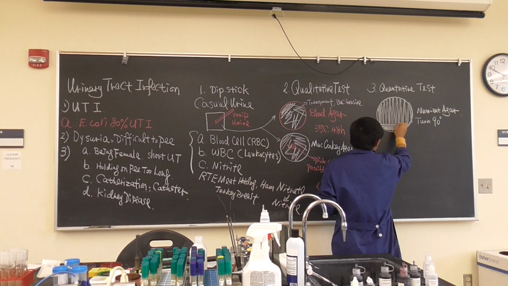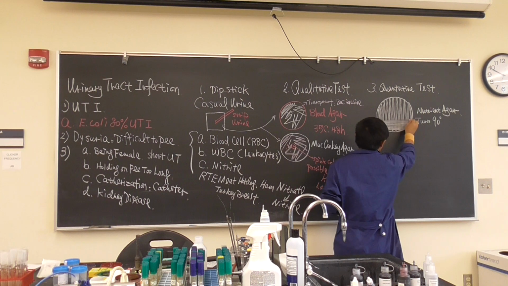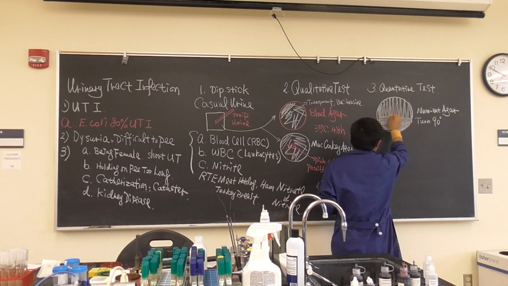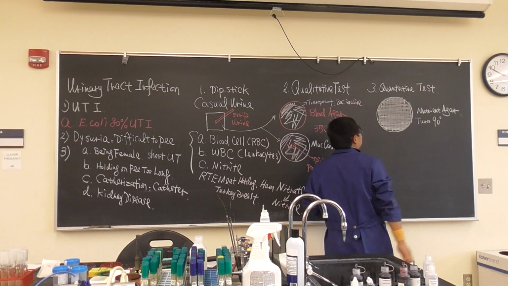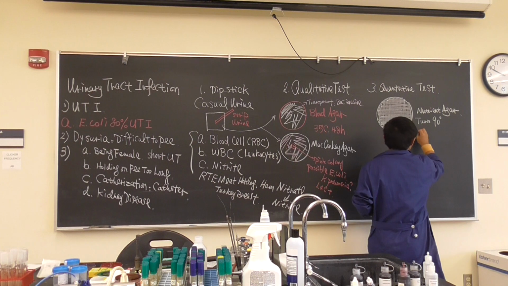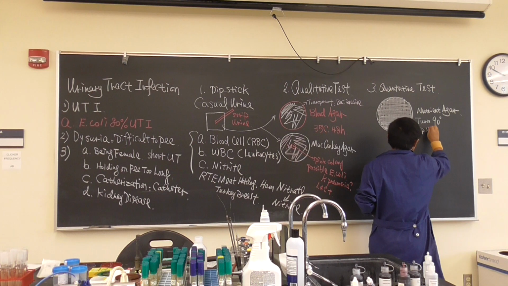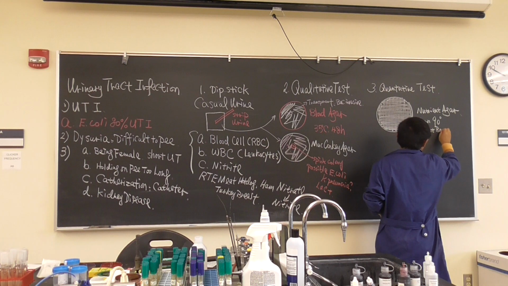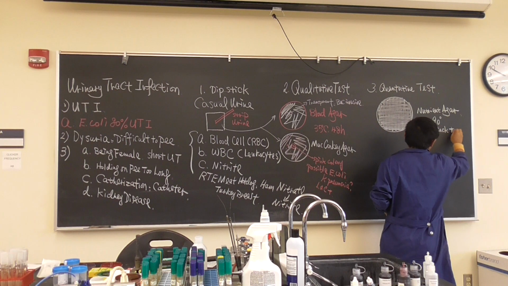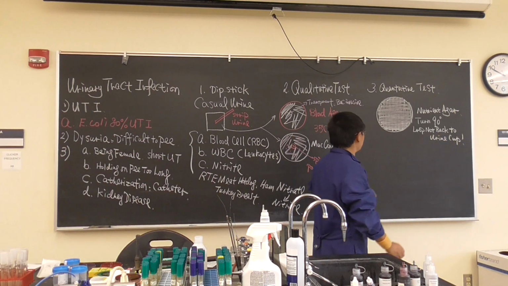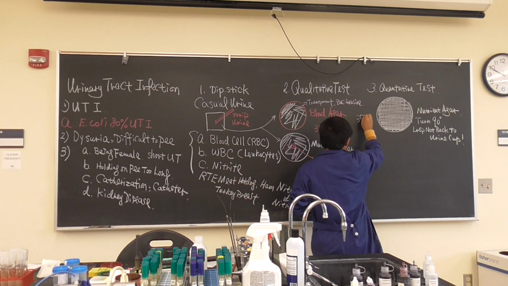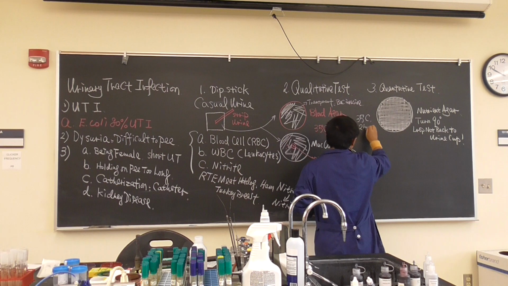Make sure your loop does not go back to the urine sample. Okay, we do another streak. Loop not back to the urine cup. And then this plate will incubate at 35 degrees Celsius, 24 hours.